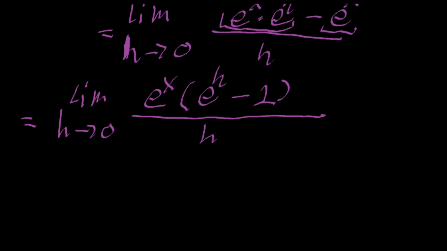But notice this limit is only affecting h. It is not affecting x in any way. So we may as well just move this e to the power of x to the outside of the limit.